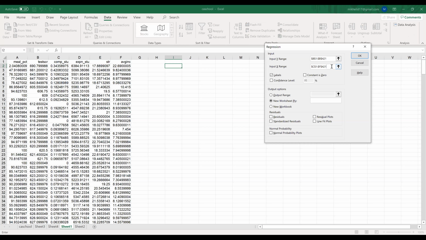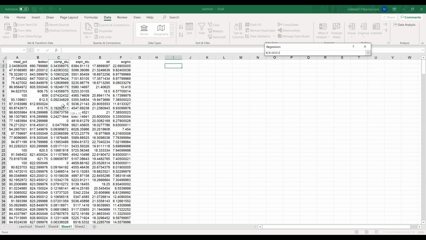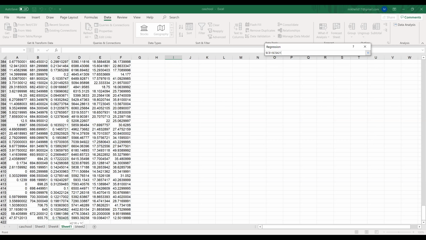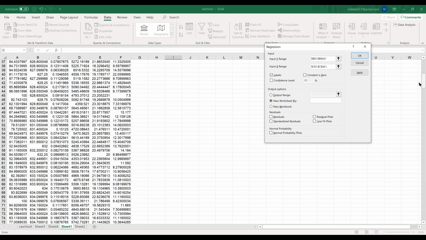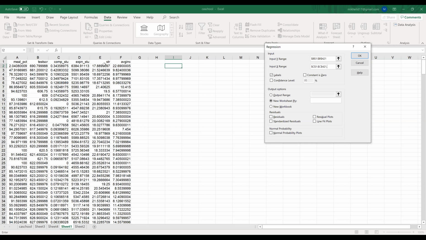I'm not sure if it allows us to do it. We have to select this column, and maybe I can say comma, and I will also select this column.